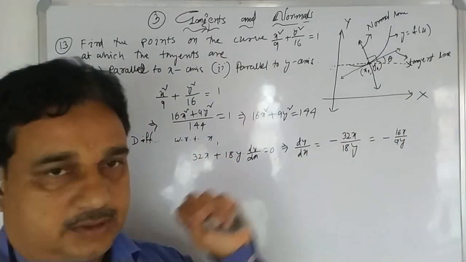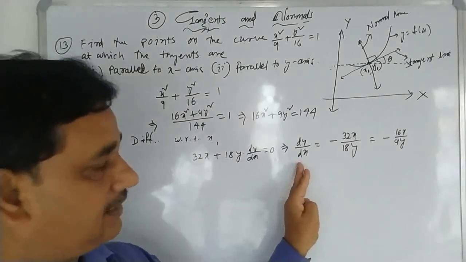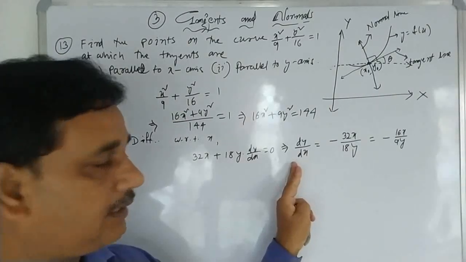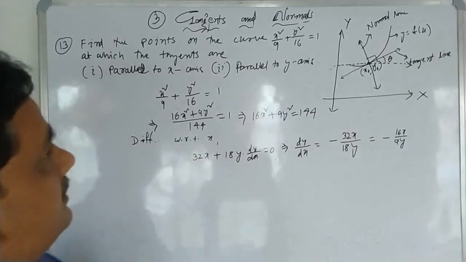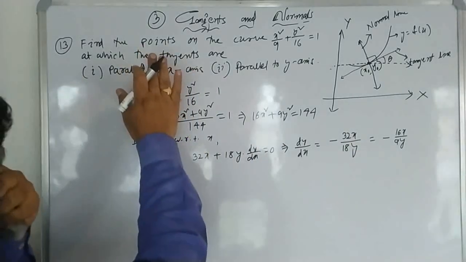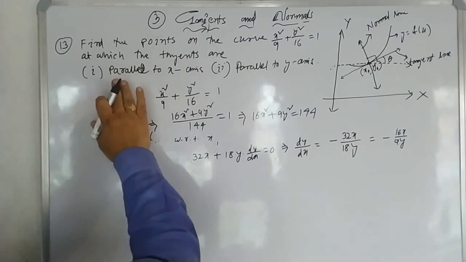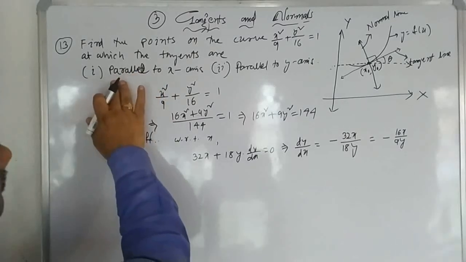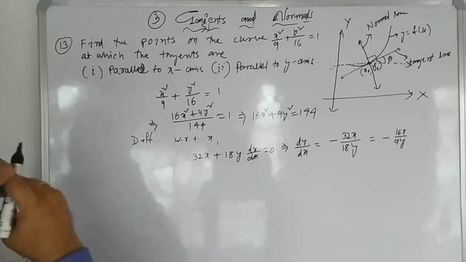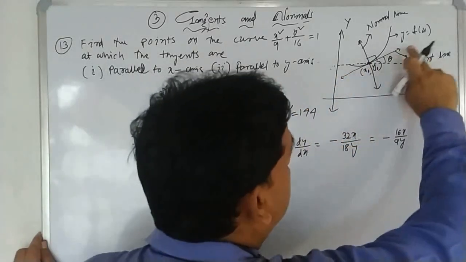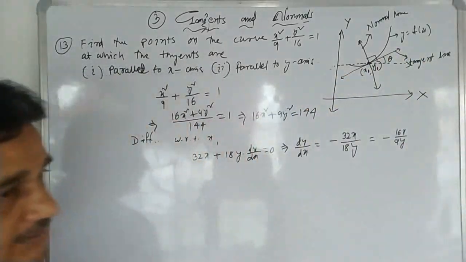So dy by dx you got. This is the slope of the tangent. Here we have to find out the point at which the tangent is parallel to x-axis.